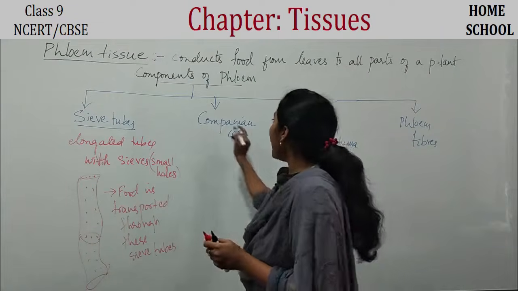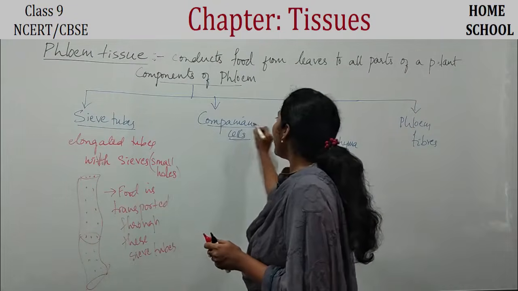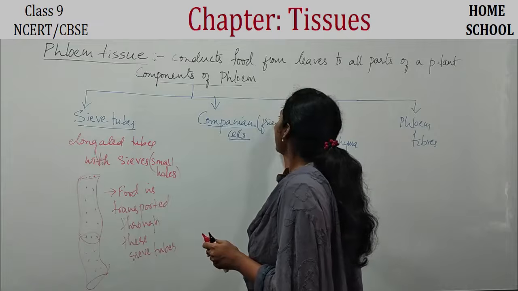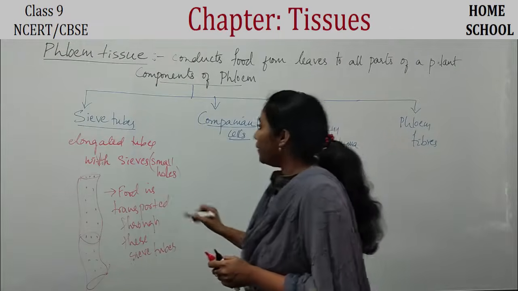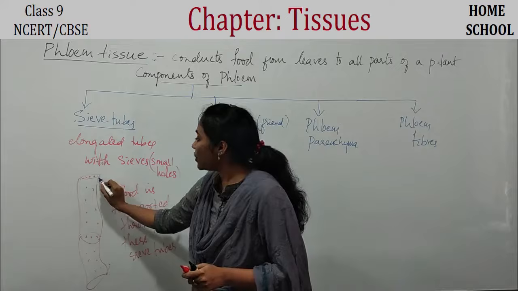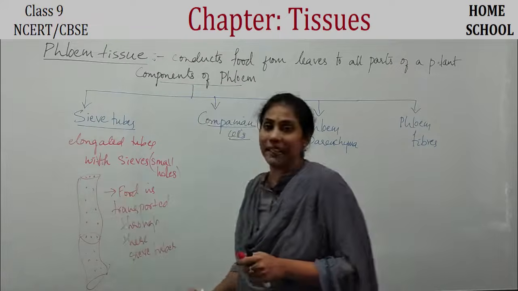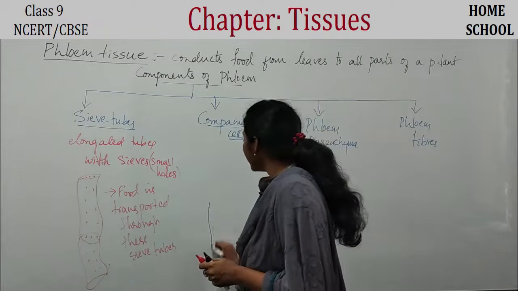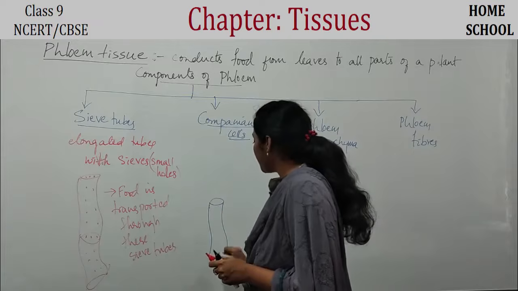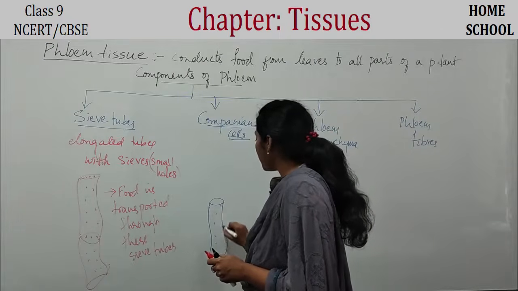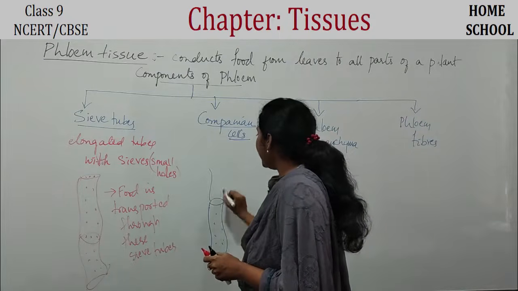Clear? And coming to the companion cell. Companion in the sense what? Friend, isn't it? Every sieve tube is actually associated with a companion cell. Say, for example, this is one sieve tube, and this is another sieve tube.